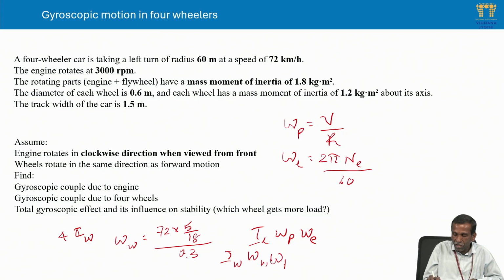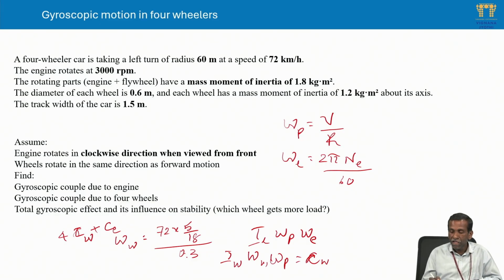Okay, I think you are able to understand. 4 times this gives the total gyroscopic effect of the wheels, 4 C W. This is C W, right? 4 C W plus C E will give the total gyroscopic effect and its influence.